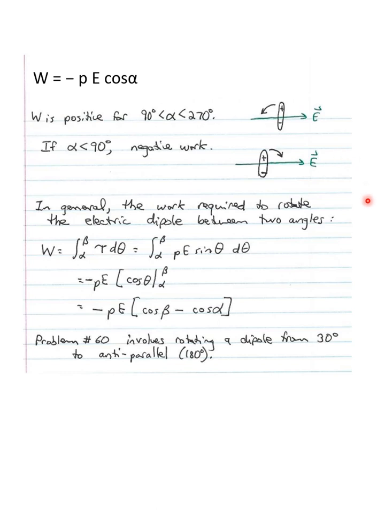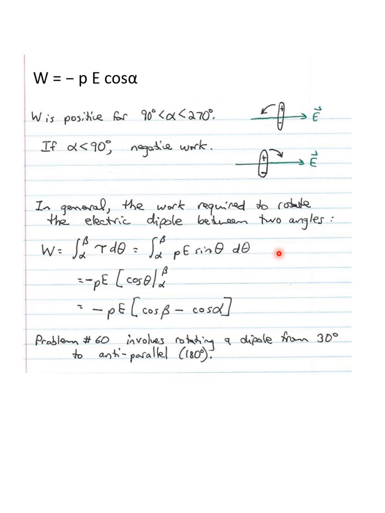In general, the work required to rotate the electric dipole between two angles, not just from 90 degrees to some other angle, is this. Here I'm redoing the work from the previous page, but I'm not assuming an initial angle. I'm just going from angle alpha to angle beta. So we take the integral from alpha to beta of PE sine theta d theta.